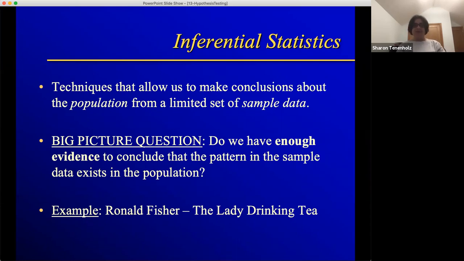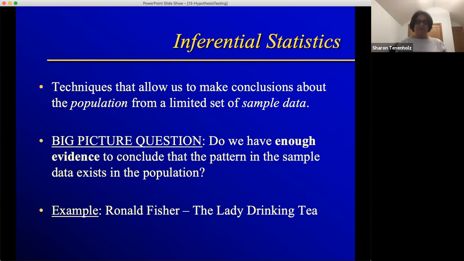So he poured some milk into a cup and he poured the tea on top and he gave her tea and she said, yeah, no thanks. Now I'm sure she said it in a very dainty and British way, but she refused the tea. And she stated that she only drank tea when the milk was poured in after the tea. And she insisted that it tasted different if the milk was poured in first versus after.